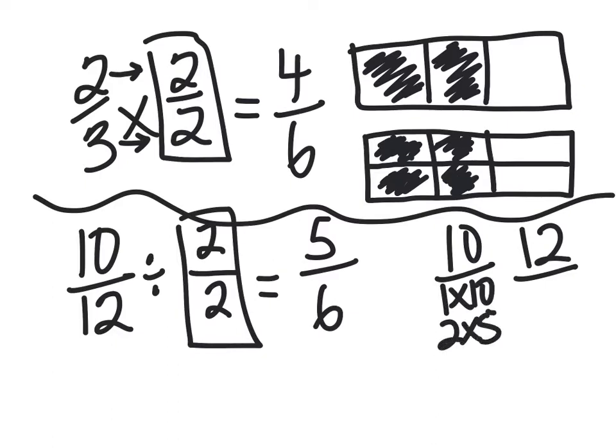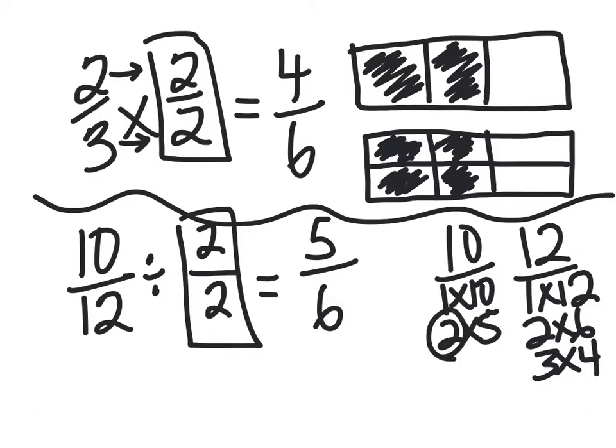I'm going to do this quickly because these are low numbers, not difficult numbers. If you know your facts, it would look like that. If you show your work and look between 10 and 12, your greatest common factor is going to be a 2. And that is what we use to simplify by.